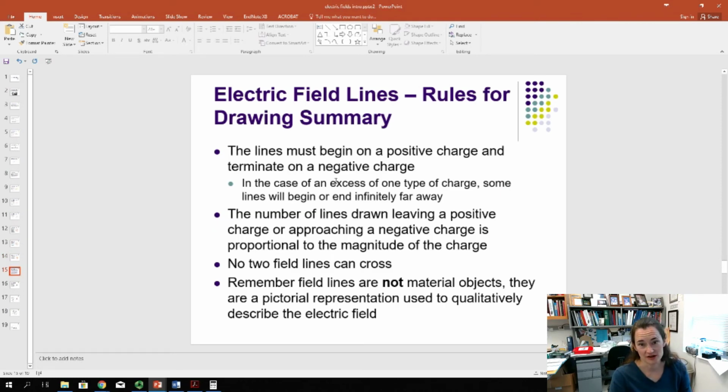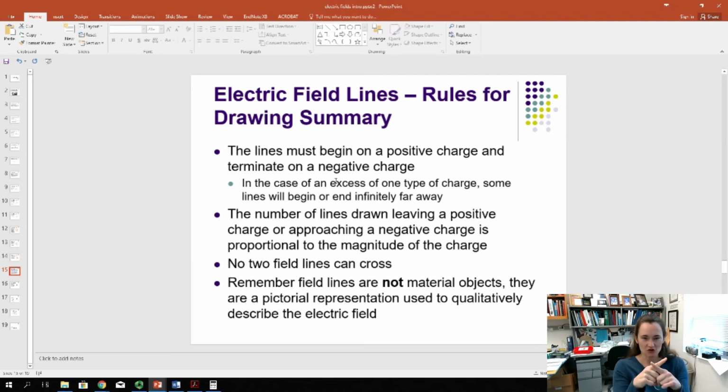Okay, so to summarize, lines begin on positive charges and terminate on negative charges. Remember to draw the arrowheads indicating the direction of the field. Remember that the number of lines, or the density of lines, indicates the strength of the field. No two field lines can cross. Remember, an electric field is really an indication of what direction the force is at that point. Charges don't get confused, so they know which way they feel the force.